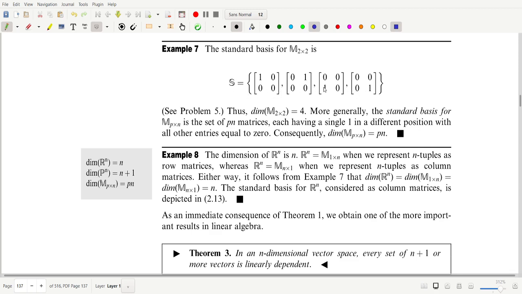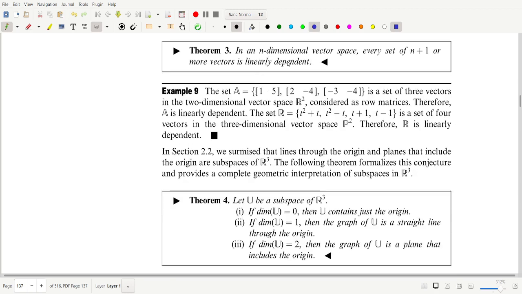You can easily prove this by choosing C1 times this plus C2 times this plus C3 times this plus C4 times this equal to 0, where 0 means the zero matrix. Then you can easily get C1, C2, C3, C4 all equal to 0. So this is the basis, and any matrix with entries A, B, C, D can be expressed as a linear combination of these. So the dimension of M22 is 4. You go through examples 6, 7, 8.